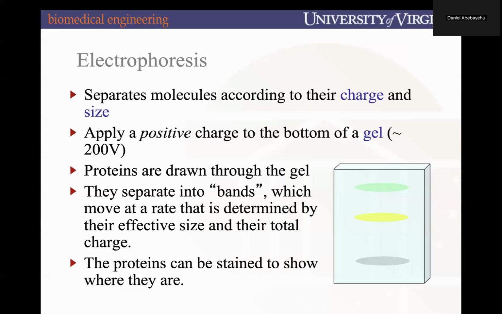You can employ a few different stains to visualize these proteins on this gel. So the take-home message for electrophoresis is that it is moving proteins across an electric field to separate them, in some cases by size and by charge. For a common electrophoresis approach that I'm going to talk about in the next slide, it's usually separating them by just their molecular weight.